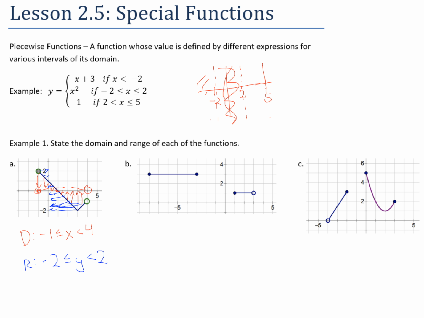This next one, part B, if we collapse everything to the x-axis, this whole segment would collapse to the x-axis, and this would be covered. This part gets collapsed to the x-axis, and this is covered, but realize this is an open circle, so that's not covered. So our domain here is actually in 2 parts.